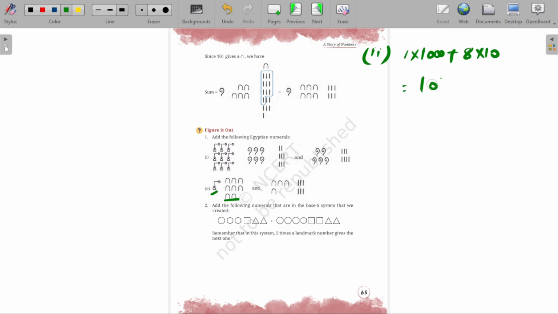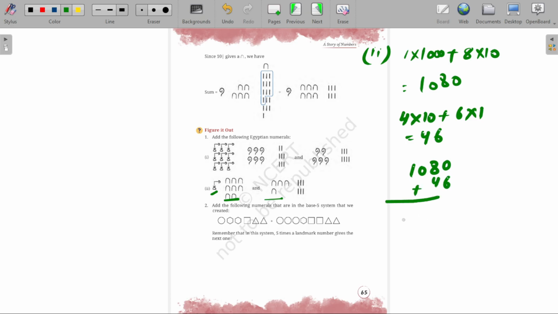So the answer will be 1080. And here this is 10, which is 4 times, so 4 into 10 plus 6 into 1. So this will be 46. So by adding 1080 with 46, you will get 1126.